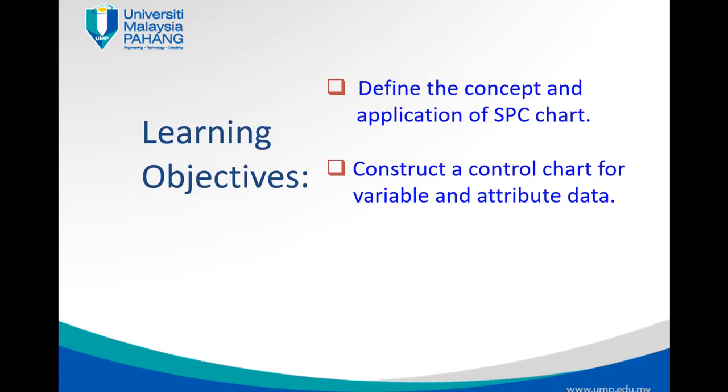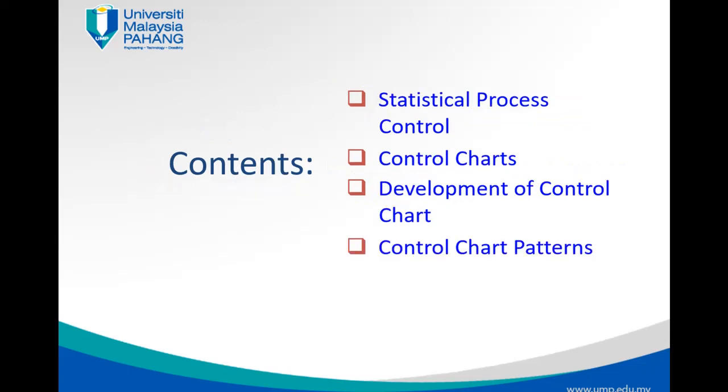The first objective is to define the concept and application of SPC, or statistical process control. Then construct a control chart for variable and attribute data. These are the contents of this lesson: statistical process control, then control charts, development of control charts, and control chart patterns.